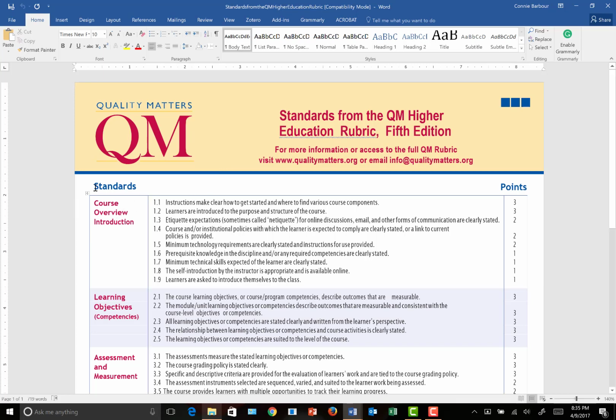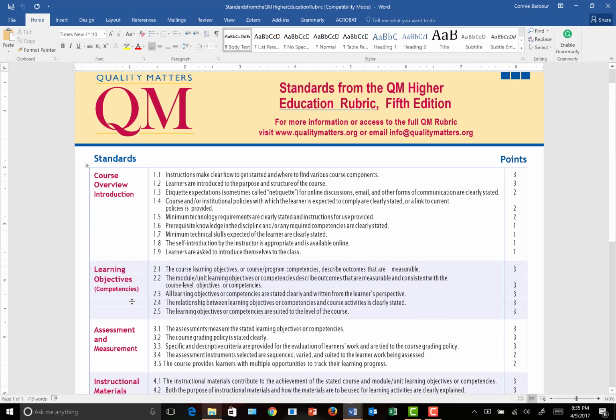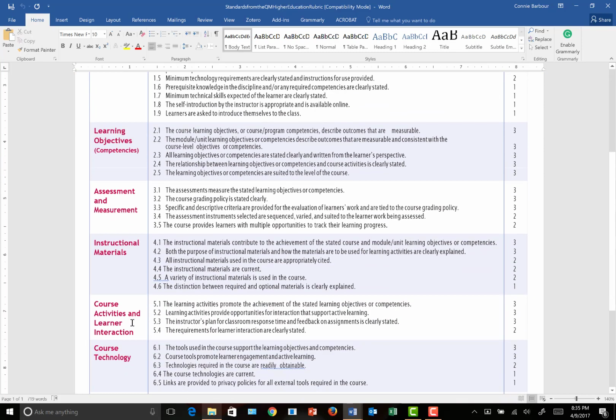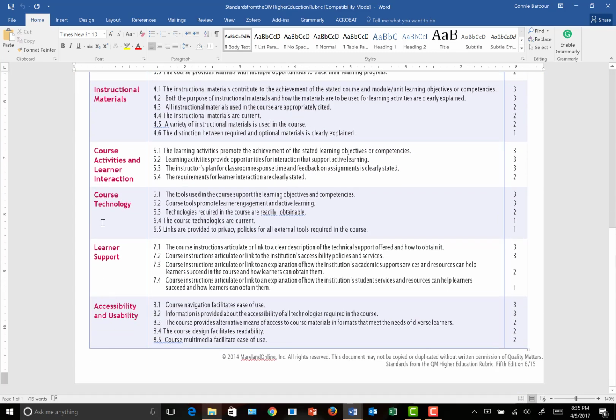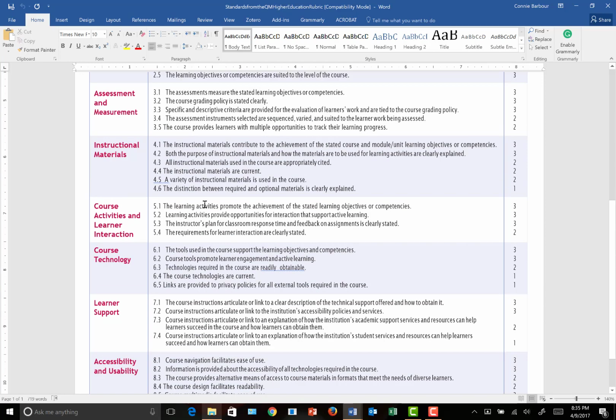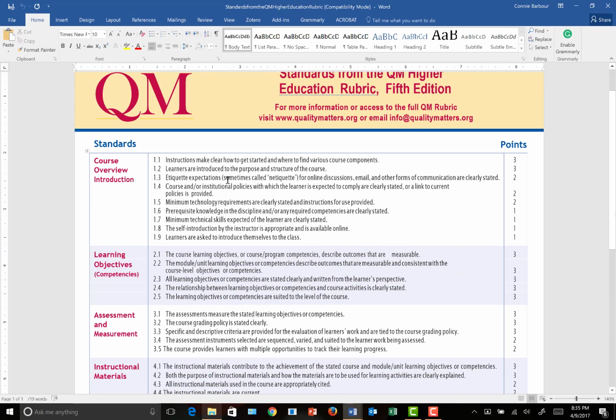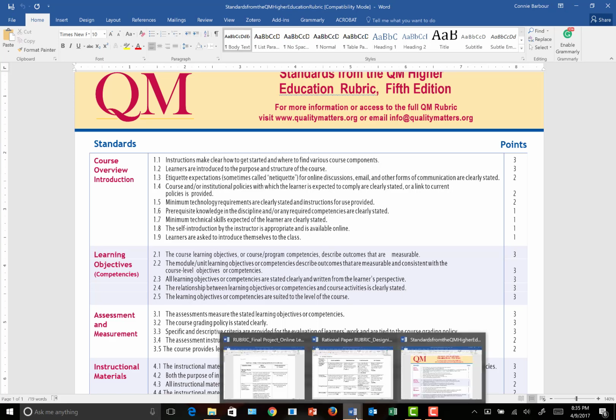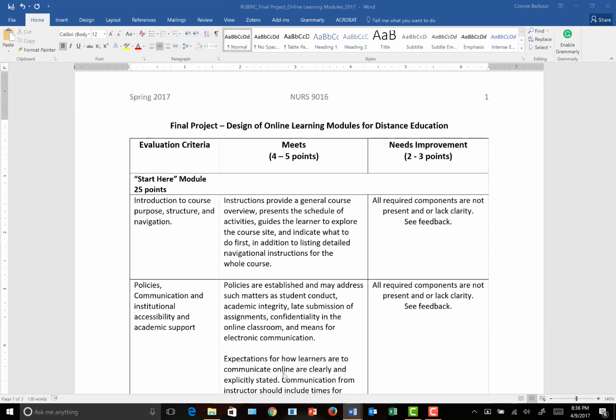The rubric talks about course overview and introduction, learning objectives, assessment and measurement, and instructional materials. I addressed everything here, moved it around a little bit, and used a lot of the verbiage in the criteria too. So just know that I created the rubric that I'm going to be using to grade you based on this QM rubric.